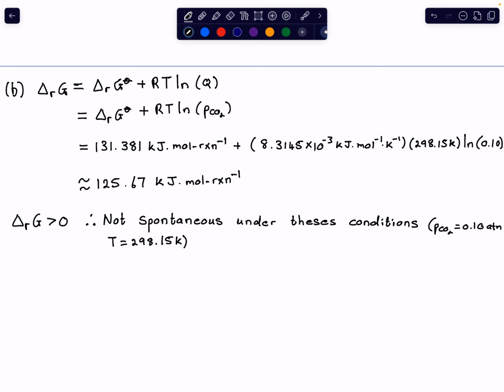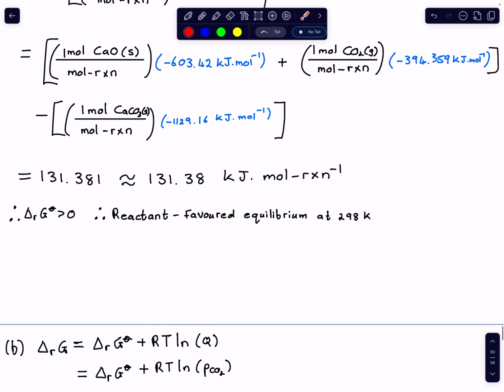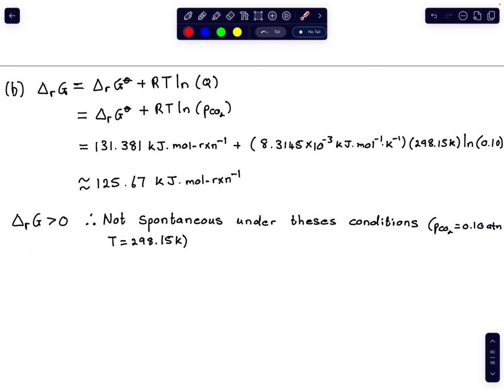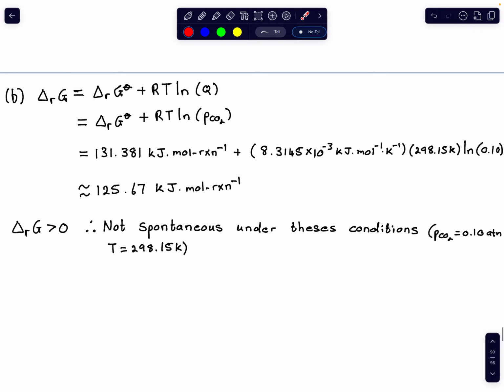Interestingly enough, if you look at what we're calculating, that was the question: is the reaction spontaneous when the partial pressure is that? The answer is no, it's not spontaneous under these conditions. Why? Because the Gibbs energy is larger than 0. All right, so that's the question now.